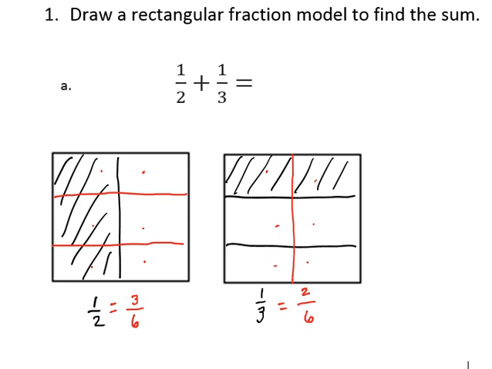Each rectangle now has the same denominator, which allows me to add my 2 fractions. 1/2 plus 1/3 is the same as 3/6 plus 2/6. Well, if I have 3/6 and I add 2 more 6 to it, I now have a total of 5/6. So dividing the rectangles this way gives us that common denominator that is needed to add the fractions.